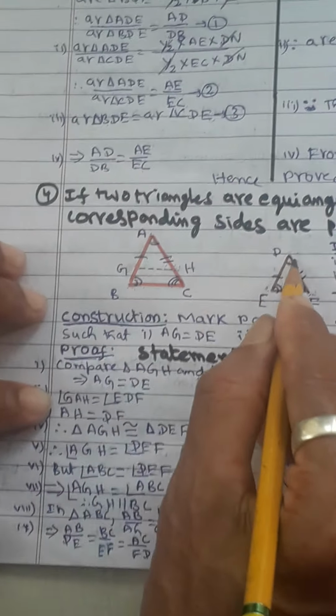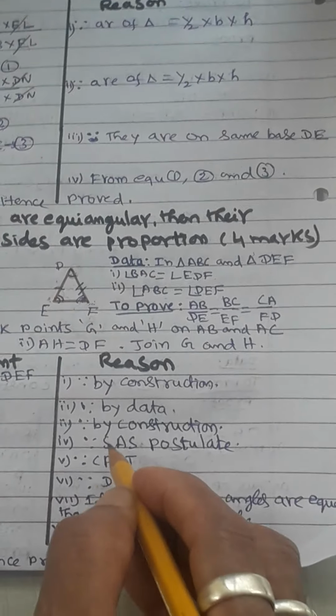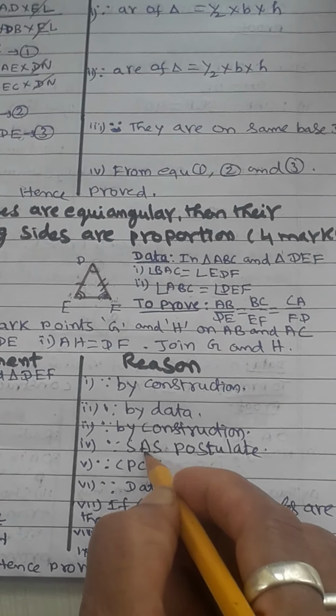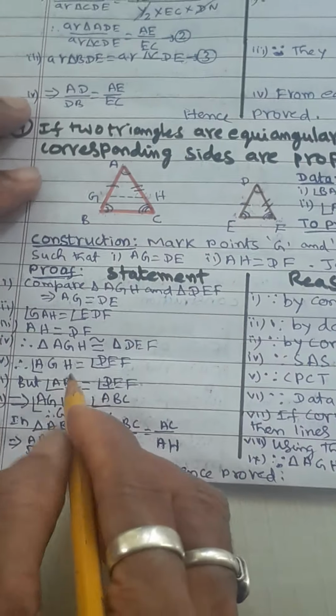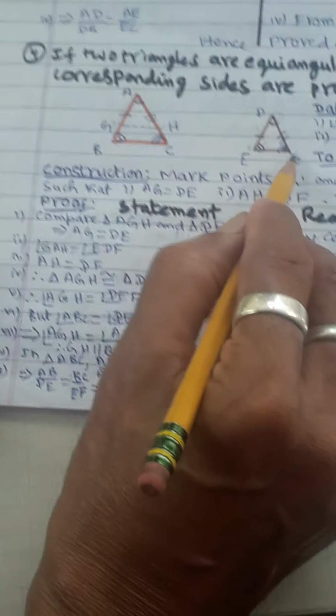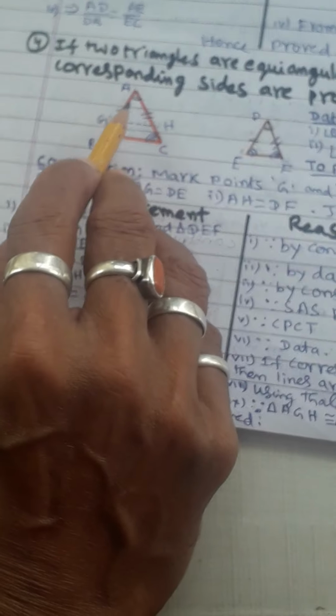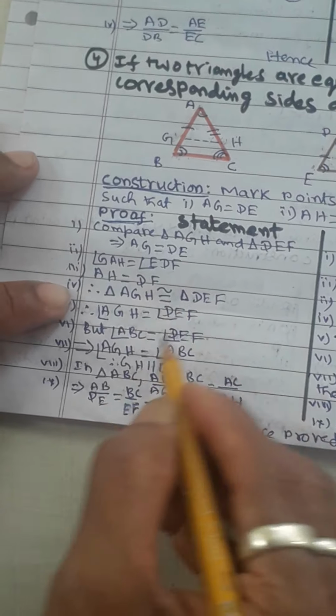So when two sides are equal and one angle is equal, we call it the SAS postulate: two sides equal and one angle also equal. According to that, this triangle will be congruent. Congruent means once you keep triangle AGH over the other triangle, each and every part coincides without any difference. That is what we call congruent triangles.